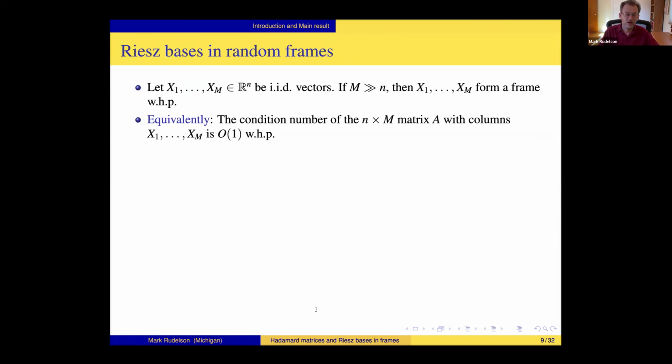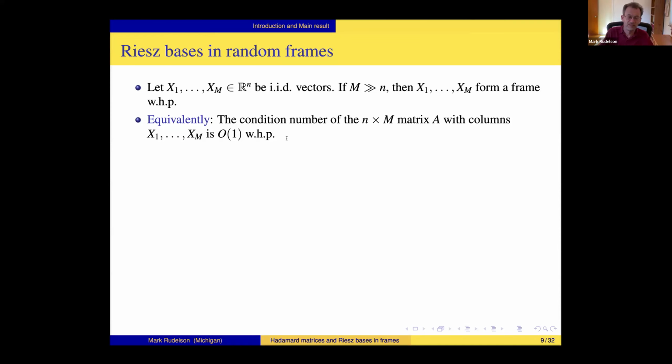Okay, and then we can rephrase our problem in the language of random matrices. We have matrices whose columns are IID random vectors, and it is a good frame if the condition number is about 1.